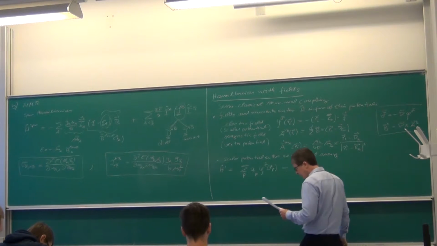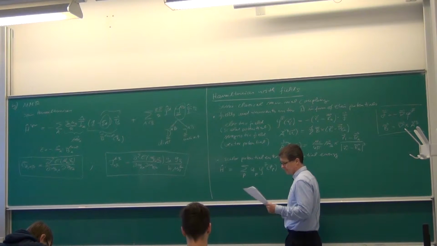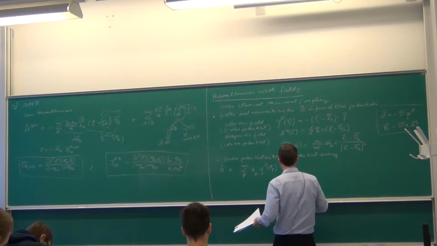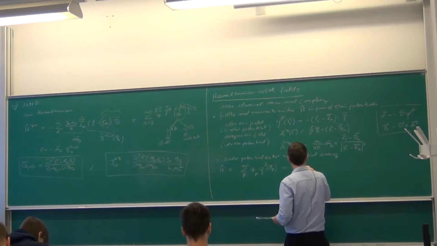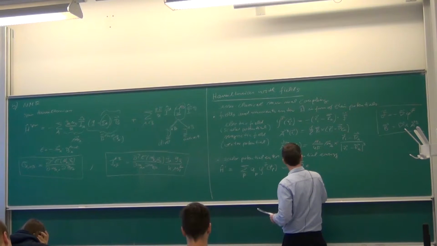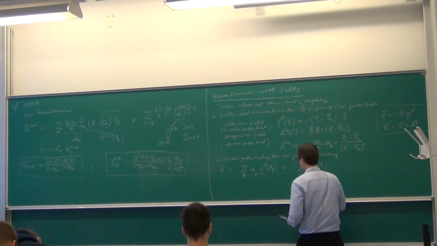So in a molecule I get two contributions. I get a sum over all the electrons, and the charge of the electron is minus the elementary charge. So I get the sum over minus e, over all electrons, times this potential at the position of electron e.